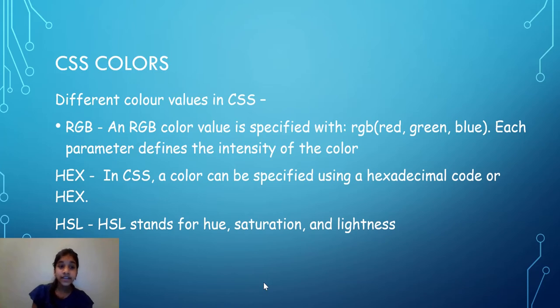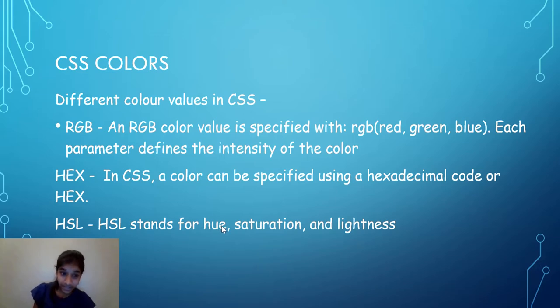In CSS, there are many different color values. One of them is RGB. An RGB color value is specified with RGB, and inside the brackets, you specify the intensity of red, comma the intensity of green, and comma the intensity of blue.